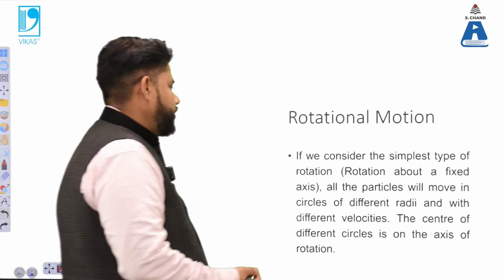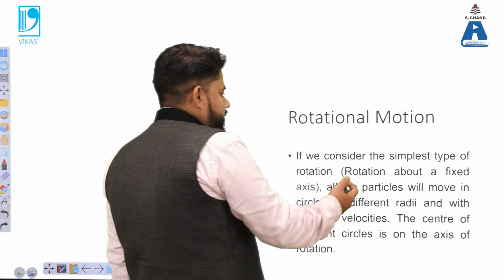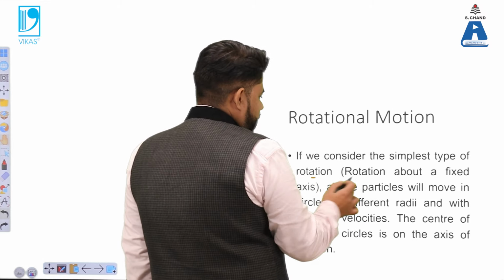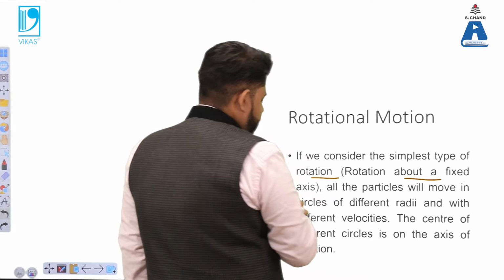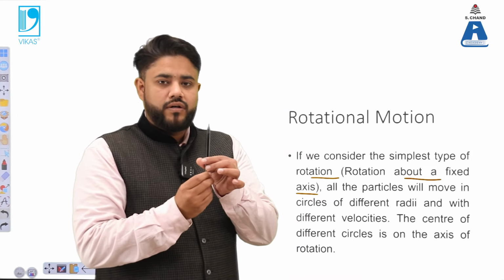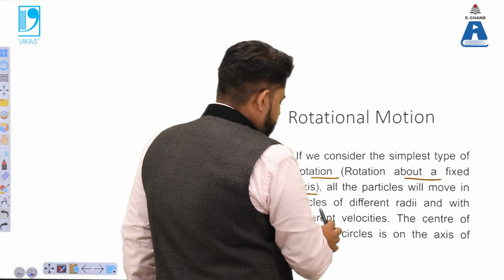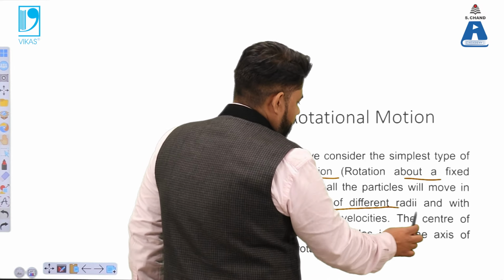Now the rotational motion. For the sake of this, let's consider the simplest type of rotation, in which rotation is about a fixed axis. That means I have a rod and I am rotating that rod about that fixed axis. So all the particles will move in circles of different radius.